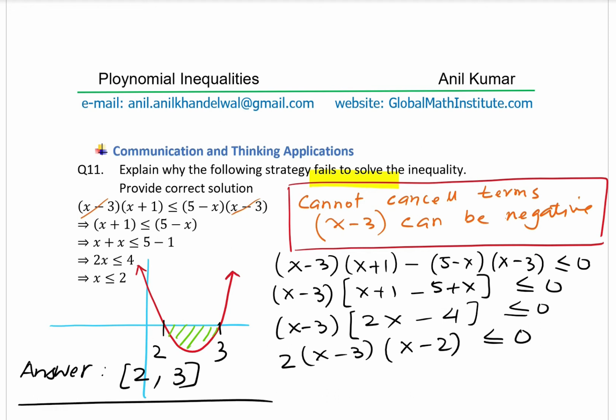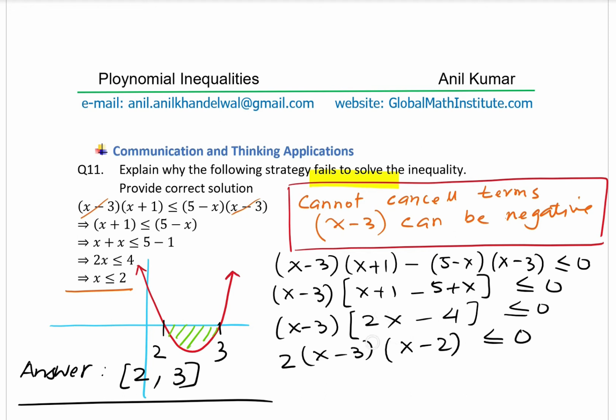So definitely this answer you can see is incorrect. Less than or equal to 2, no, it doesn't work. So that was a wrong answer. So now I think what you've got is the correct result. The idea here is not to cancel the terms, but to bring them together. So when we brought 5 minus x and x minus 3 to the left side, we took x minus 3 common, and then what we were left with was another factor.